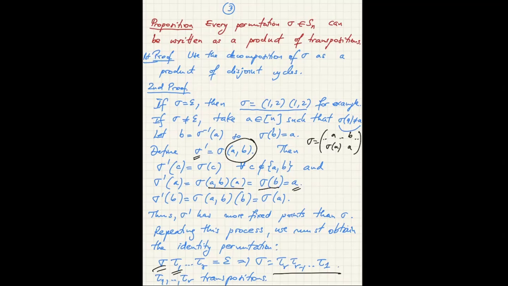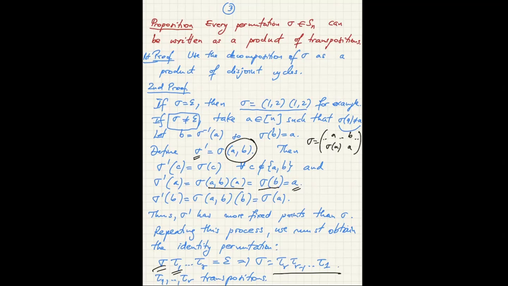Now, if the permutation sigma is not the identity permutation, then you essentially do the thing that your gym teacher used to do when he or she asked you to arrange your class, perhaps in increasing order of heights, or in alphabetical order, or in some specified order.